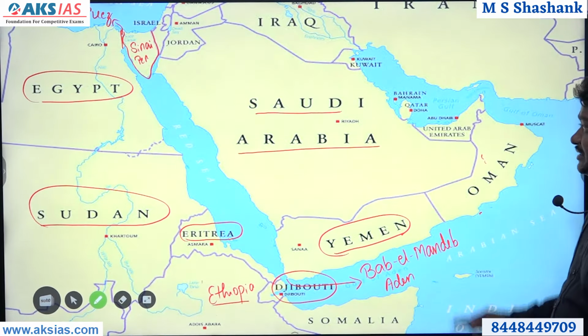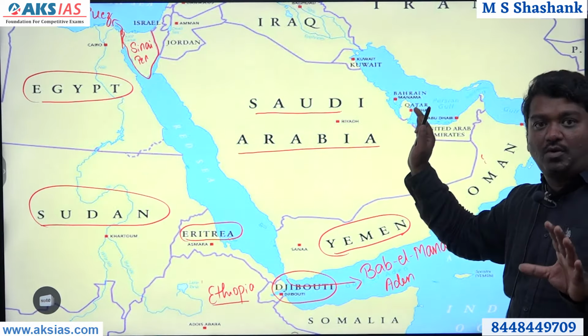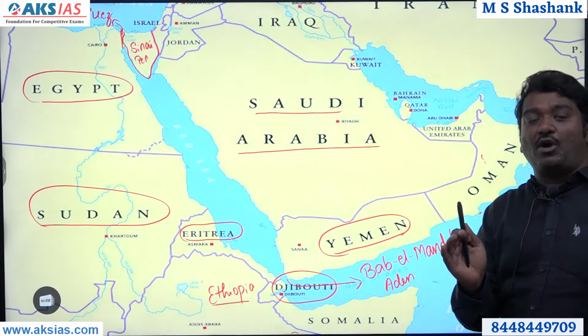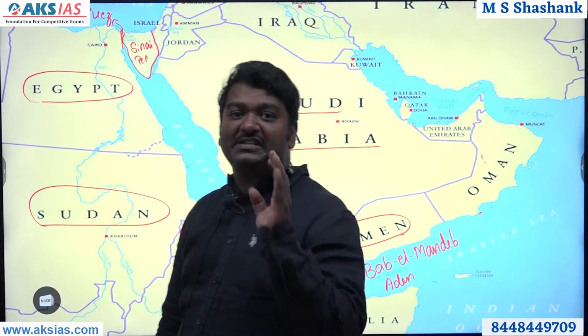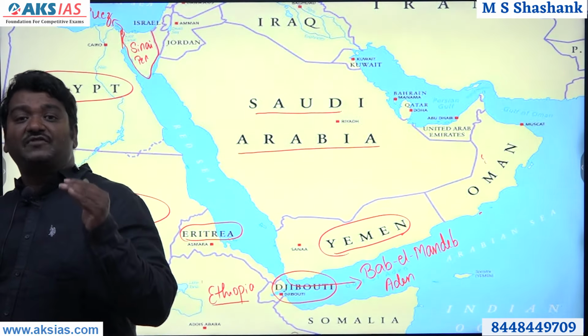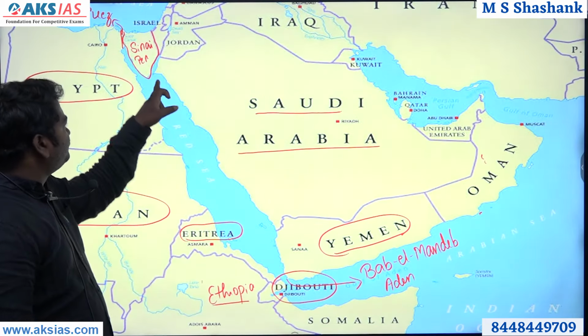Fine. This is the geographical aspect that anyone who wants to study whatever is happening in the Red Sea needs to know. If someone is trying to think about it, you need to talk about these.